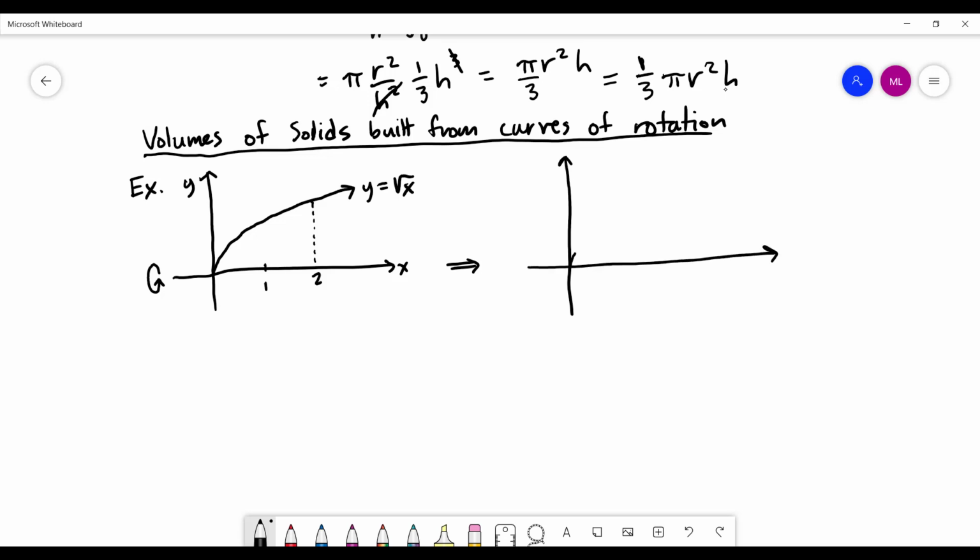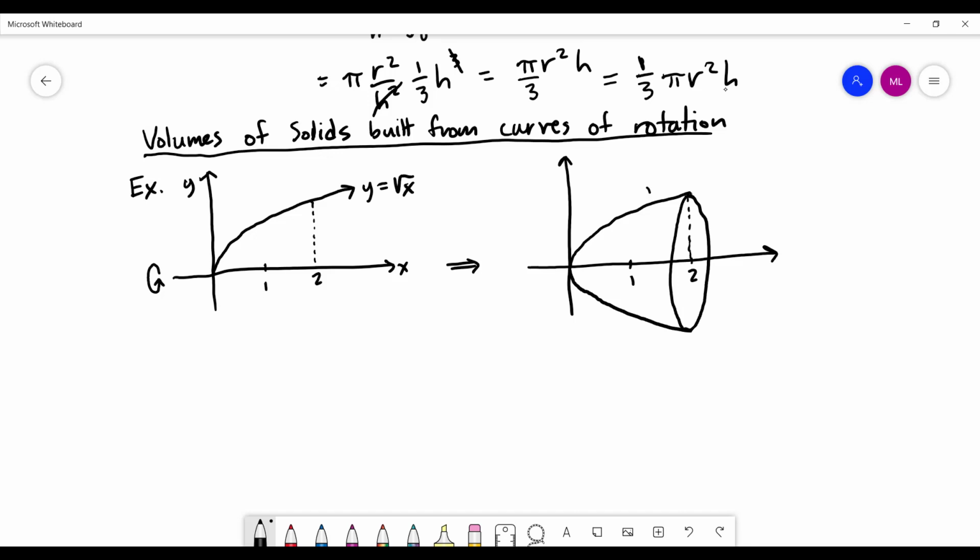If we spin it around, we'd wind up with something that looks like this. It would go up, be the same curve that way, it'd go down, and it would have a circular cross-section. And let me just trim off the excess that we've got there and there. This is the volume that we've got. It's sort of what we call a paraboloid, tilted on its side. And again, this goes to a distance of 2. Here's 1 in between.